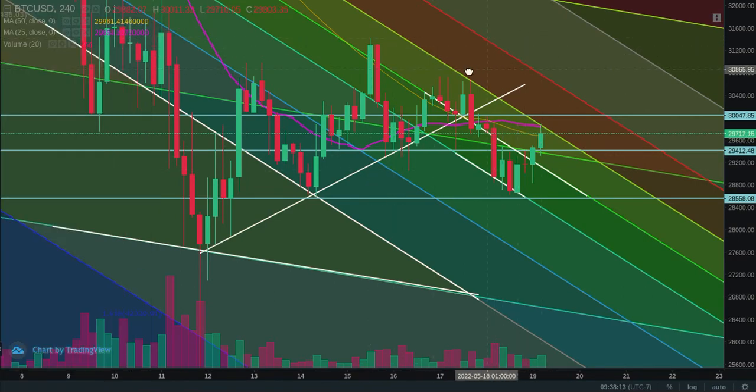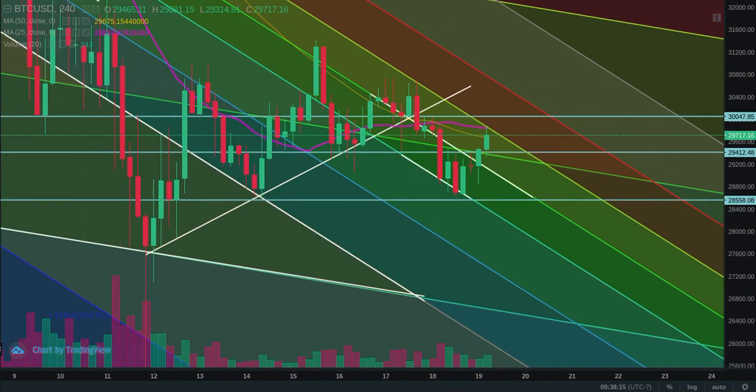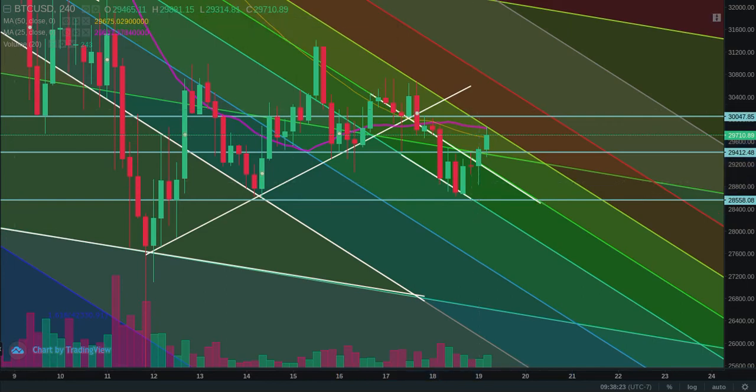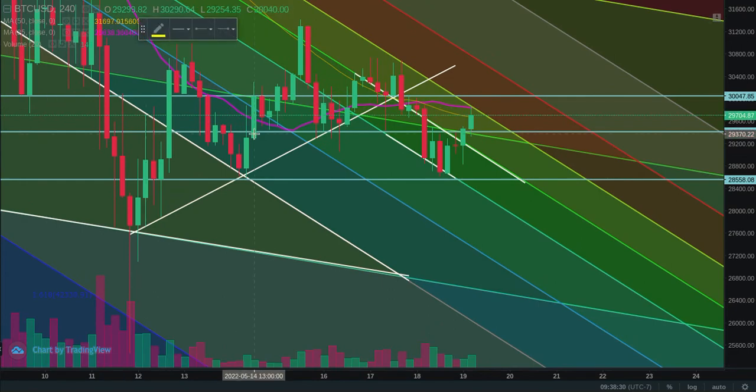Well, anyways, if you notice, we were getting this perfect resistance at this white line right here, which is a fib line. And then once we broke this line, we broke up, and then we came up to this line right here, and this is where we got rejected the next time.